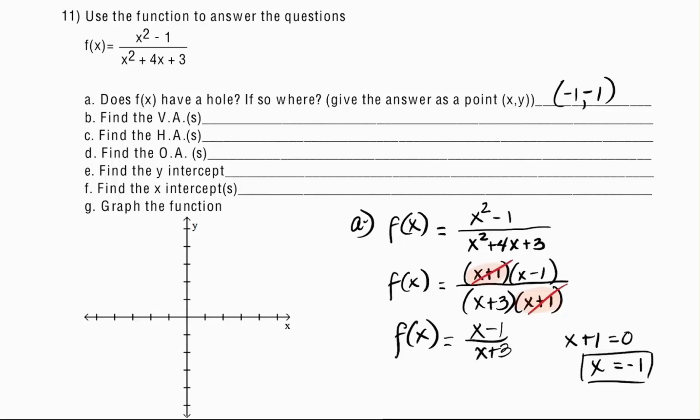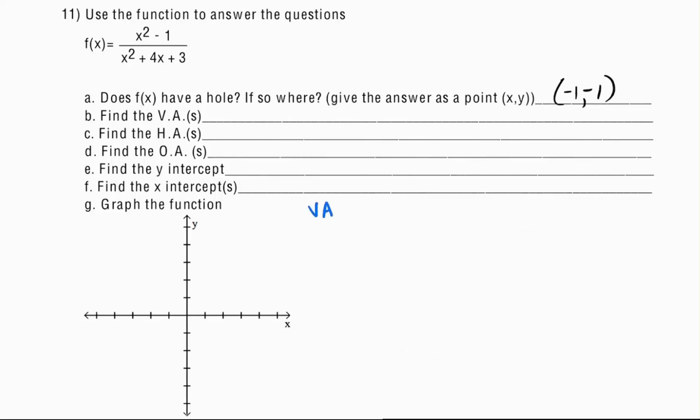Now let's find the vertical asymptote. To find the vertical asymptote, we are going to get the denominator and set it equal to 0. Now we are going to factor, and now we set the factors equal to 0.